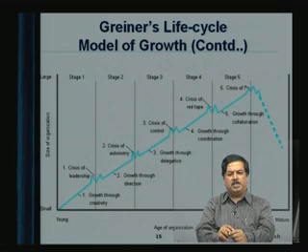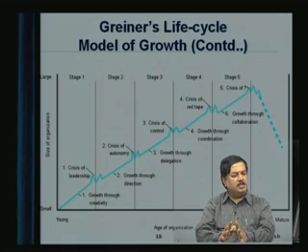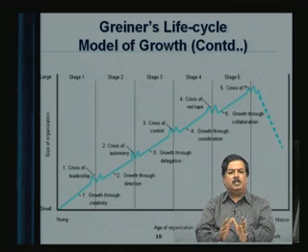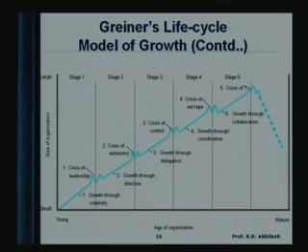As you will see in this, on the x-axis there is the age of the organization, and the age of the organization has been described as young as well as mature. And similarly, we will see the stages, or what we are talking about, the size of the organization.